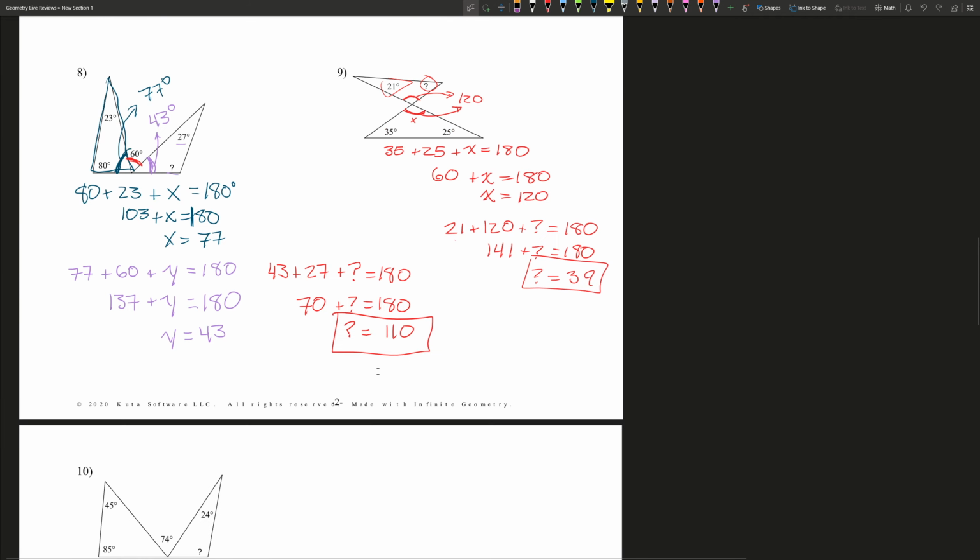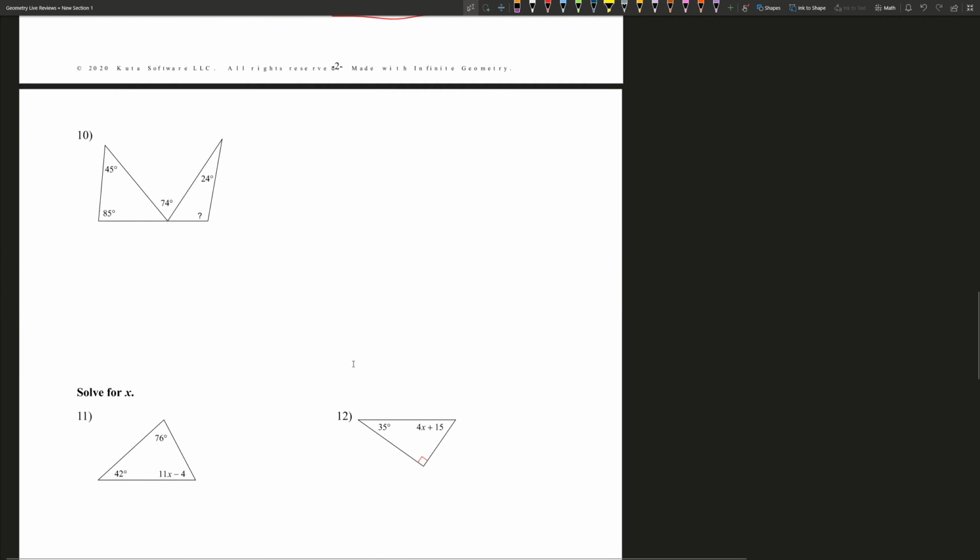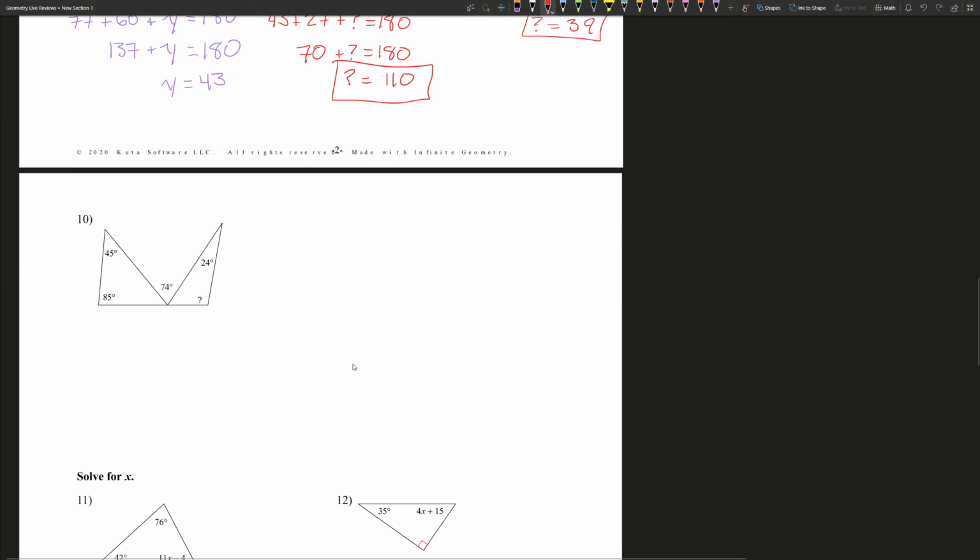Number 10 is a lot like number 8. So the first thing we have to do is solve for this angle, and then use what we know about straight angles to solve for this angle, and then solve for the unknown.